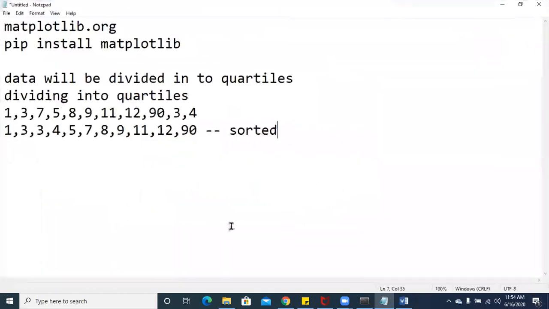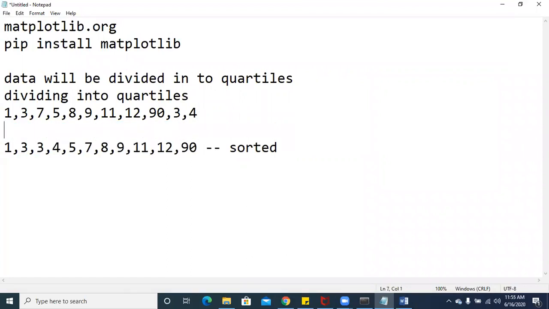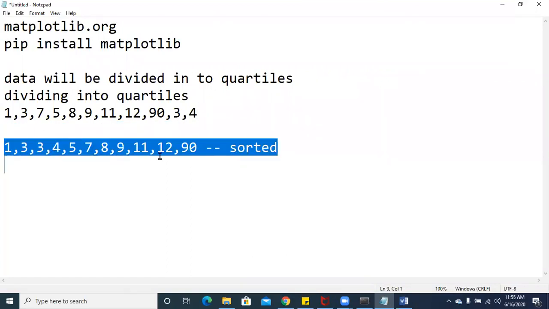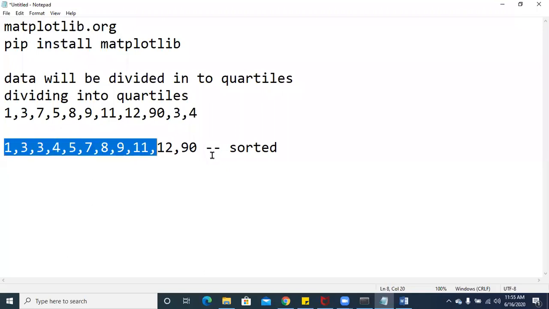After it gets sorted, can you tell what is the median of this data? It is 7. Yes or no?